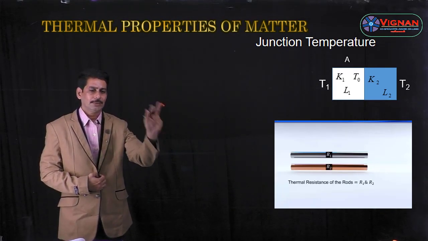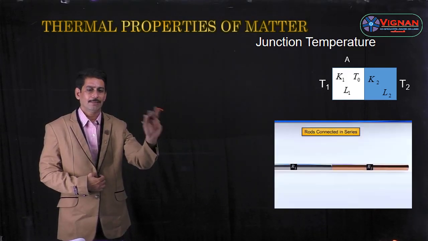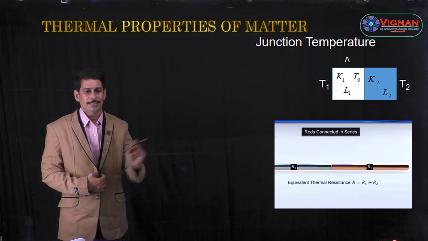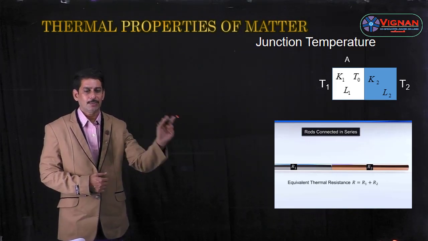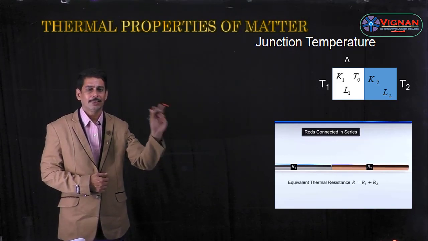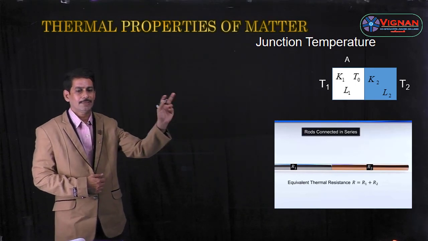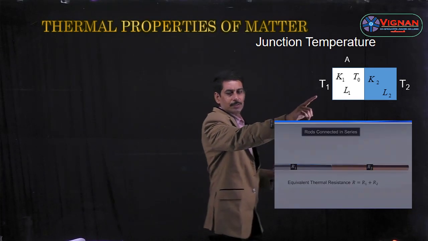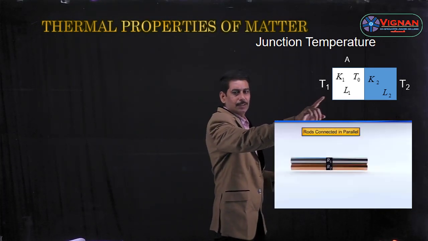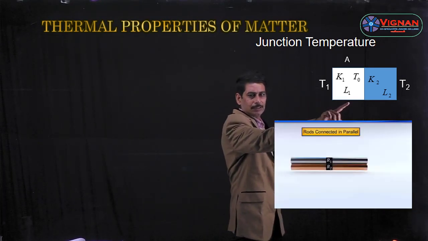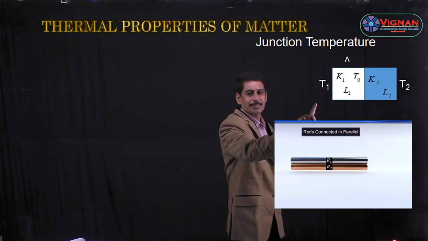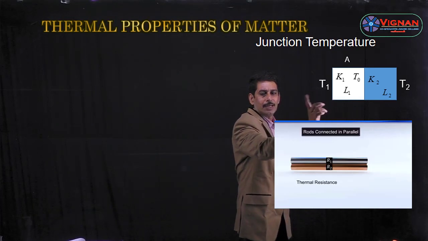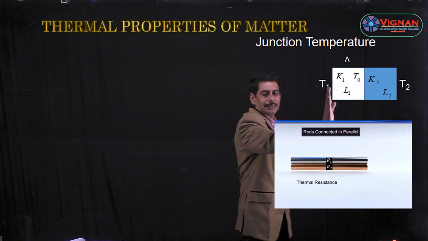For the first slab the coefficient of thermal conductivity is K1, whereas L1 is the length of the first conductor, L2 is the length of the second conductor, and K2 is the coefficient of thermal conductivity of the second conductor. The two slabs are connected in series.